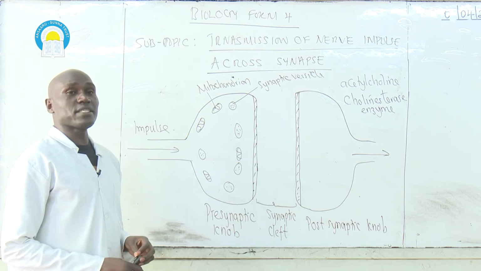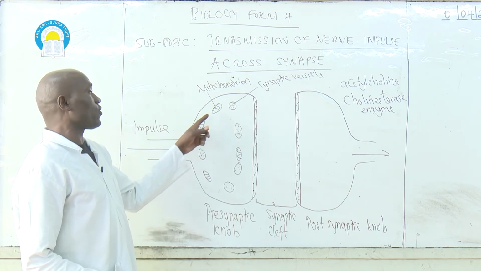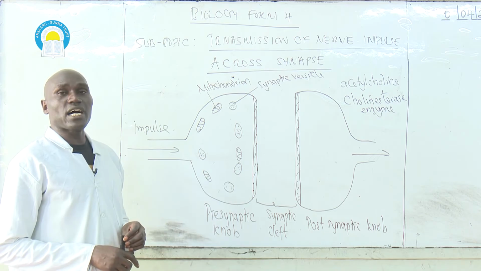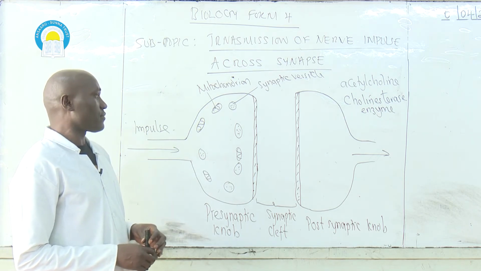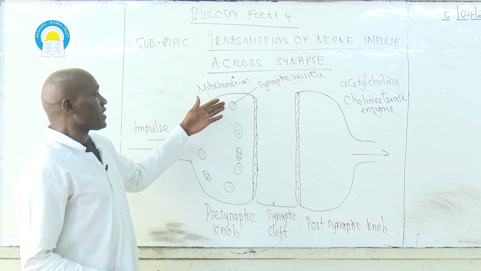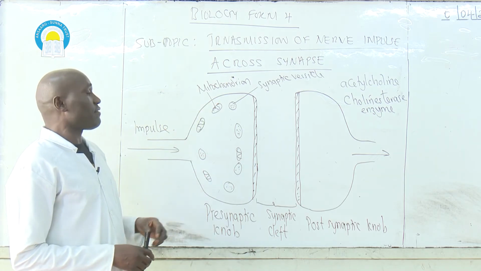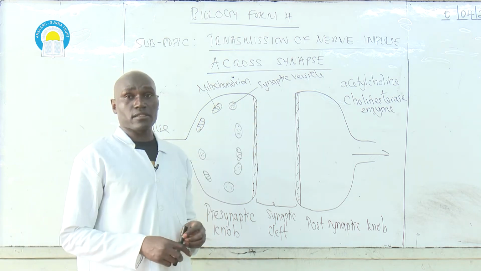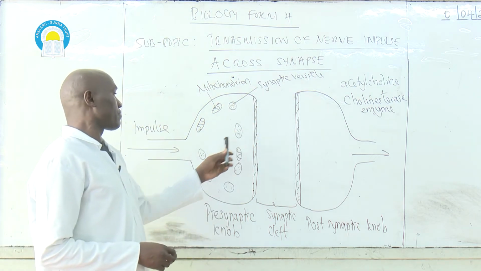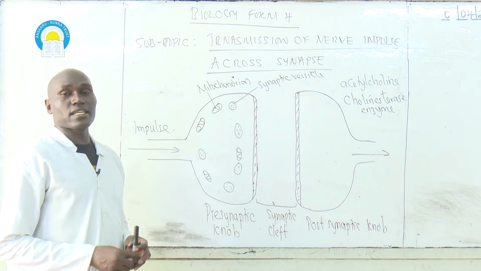Inside presynaptic knob, we have mitochondria, which are organelles that will provide energy. Inside the same presynaptic knob, we have circular structures known as synaptic vesicles. If it's one, synaptic vesicle.